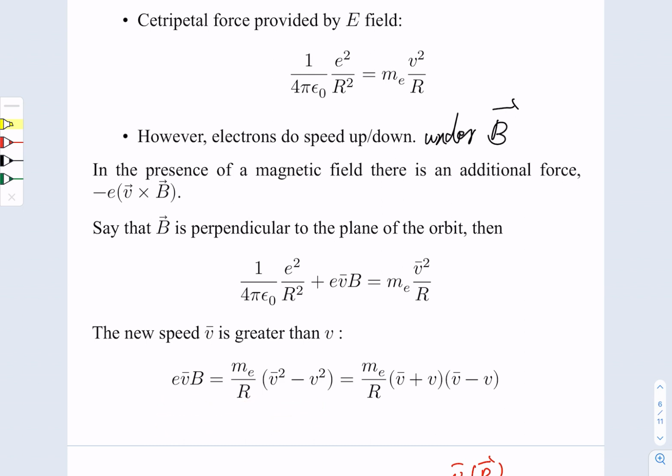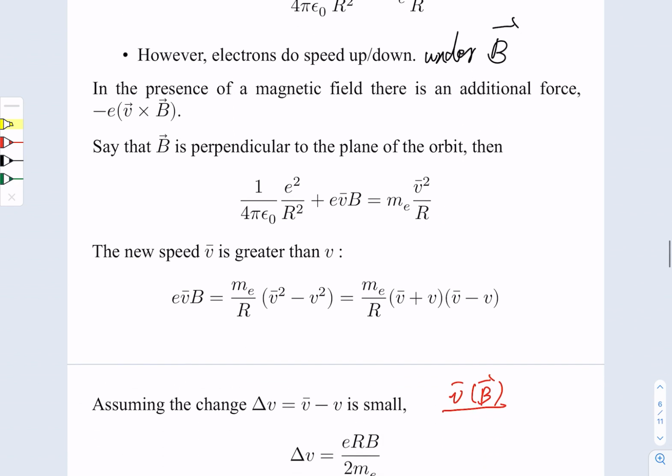So this is simply combining the equations here, and then the next step is simply a mathematical identity, right? But the reason it is written like this is because you can identify v bar minus v as a small parameter.